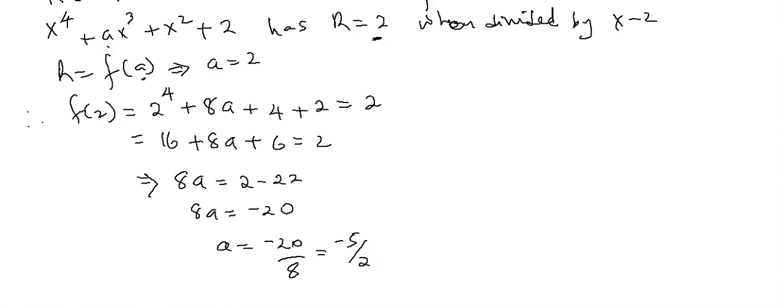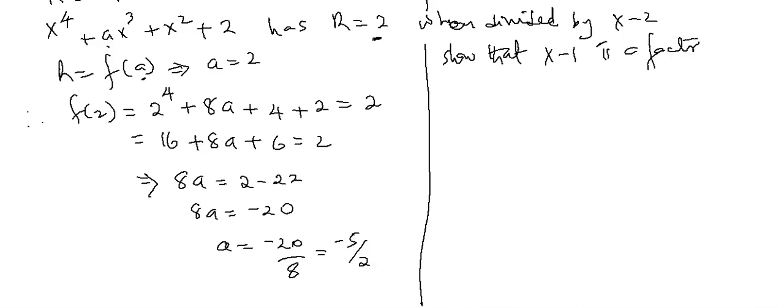Another example, show that x minus 1 is a factor of x cubed minus x squared minus x plus 1. So if x minus 1 is a factor, then it means that the remainder will be 0.